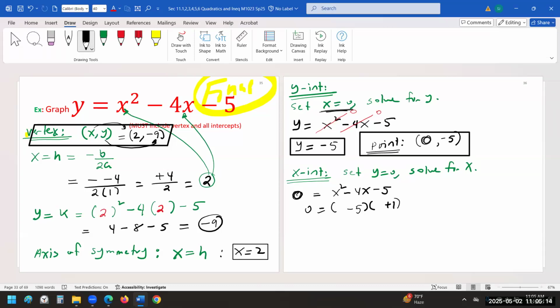What is our variable? X. So x minus 5 equals 0 gives us x is 5. X plus 1 equals 0 gives us x is negative 1.